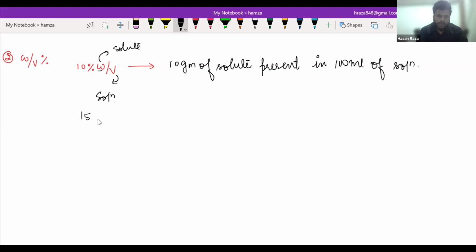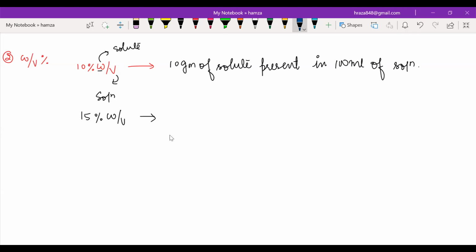In the same way, if we are going to write a sentence about 15% weight by volume, can you tell me a sentence about 15% weight by volume? Hamza or Nora? 15 gram of solute present in 100 ml of solution. Very good.